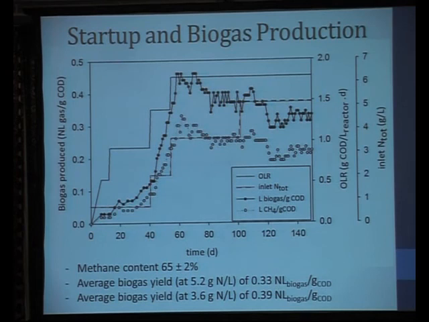We didn't just start dumping the full amount, but we ramped it up slowly. We wanted to give the chance for the bacteria to adapt to the concentrated waste. And we also ramped up the nitrogen contents, because as we heard earlier, ammonia is inhibitory to anaerobic digestion, and we wanted to give the chance to our bacteria in the system to adapt to the nitrogen concentration.